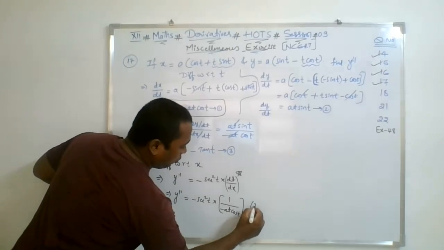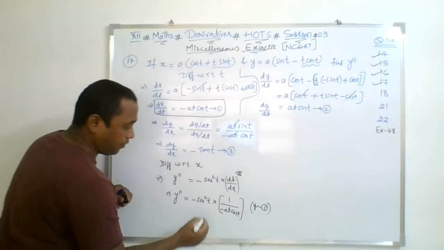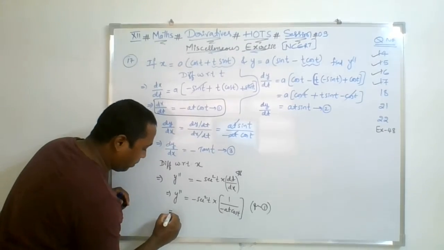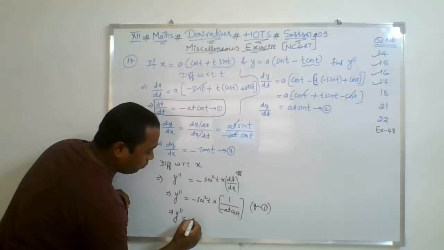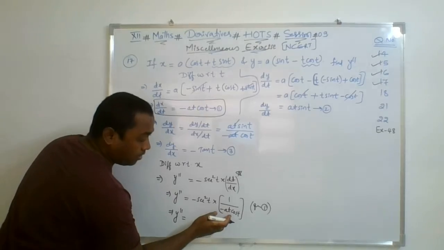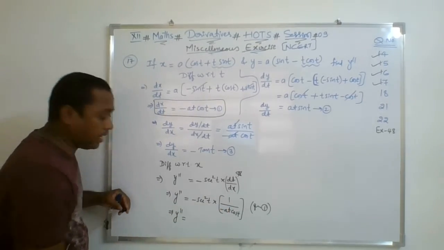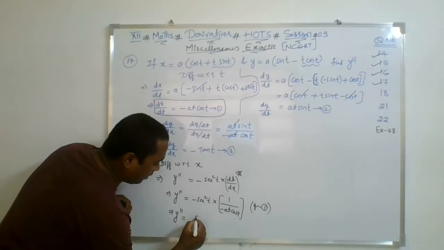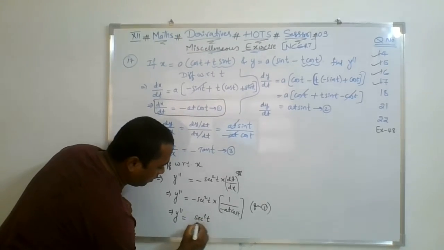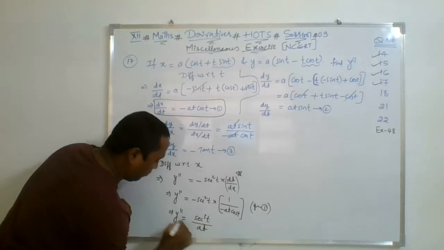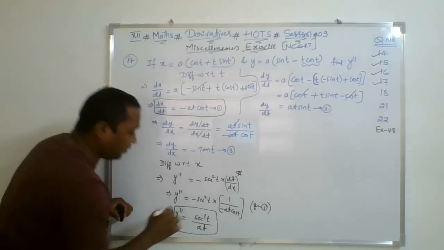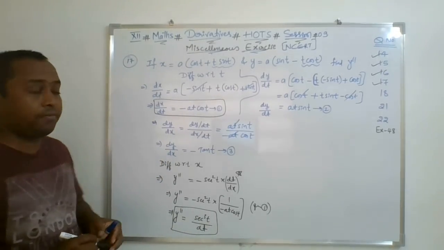So this I have obtained from result number 1. So minus into minus plus. So y double dash equals, you may also write cos t in terms of sec, that is, reciprocal of cos is sec. So finally you will get sec cube t upon a t. So this would be the answer, that is the double derivative.